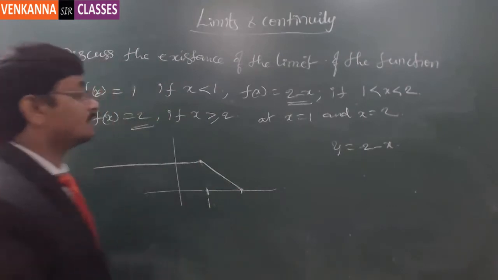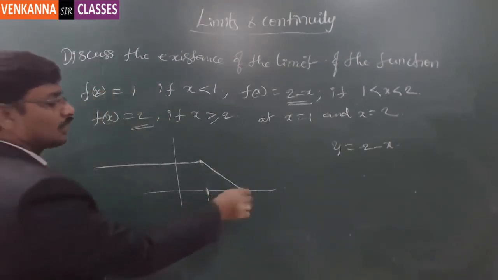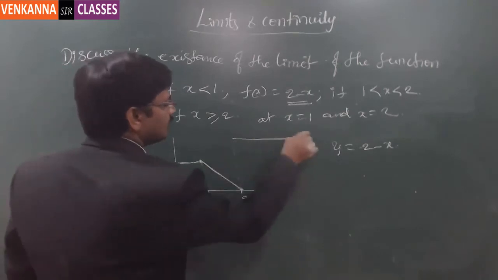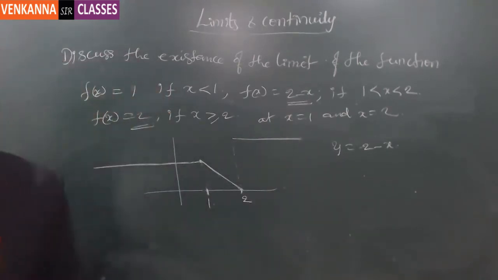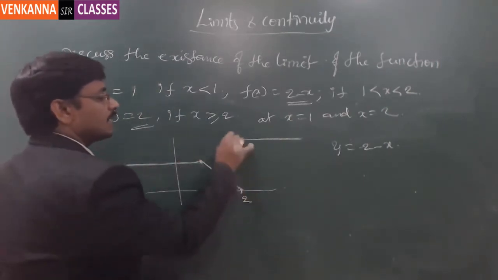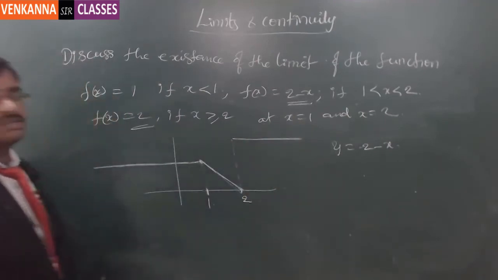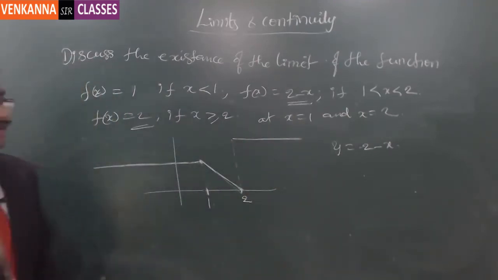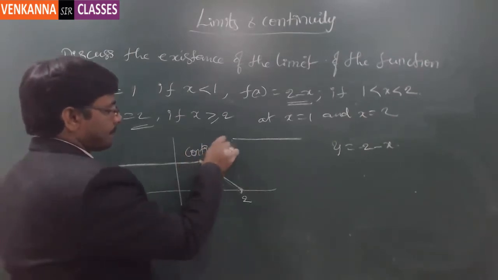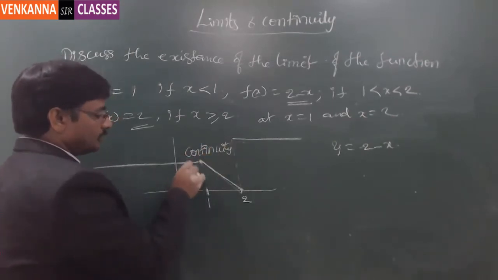And then suddenly, if the value crosses this 2, it suddenly jumps to 2 and then it continues from there. Just look at this diagram. See this? This is coming like this and going this way and then suddenly jumping to a function value 2. This is exactly the reason why there is a discontinuity at this point, and the limit doesn't exist.